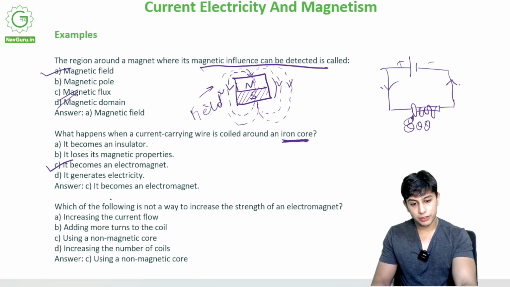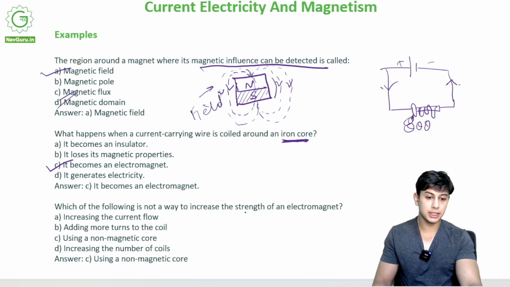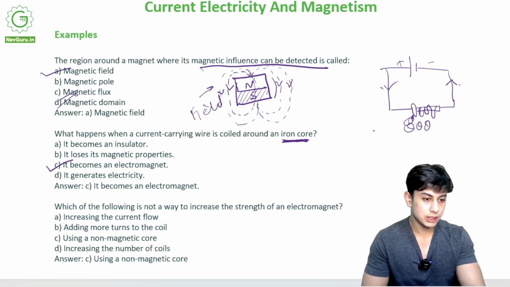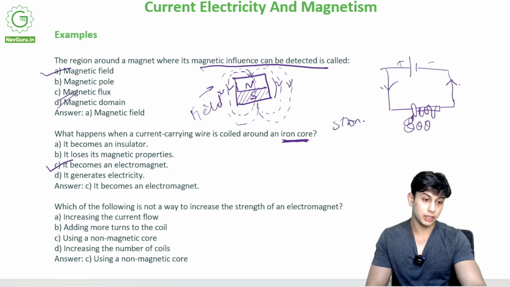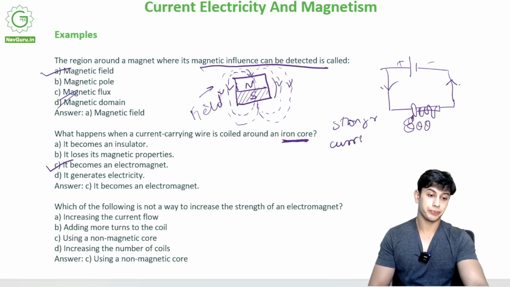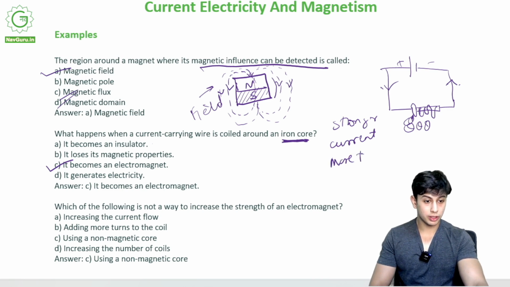Which of the following is not a way to increase the strength of an electromagnet? The strength of this electromagnet can be increased how? Stronger current, or more turns in coil.